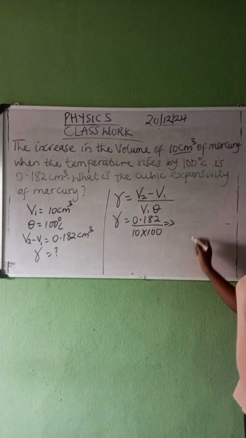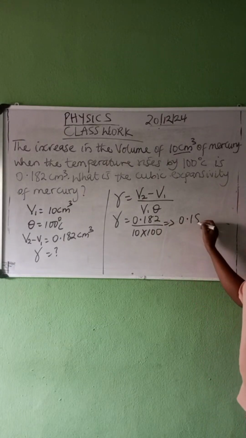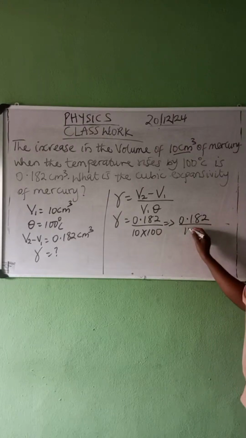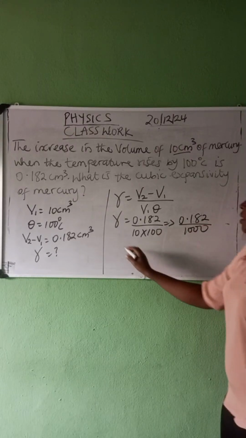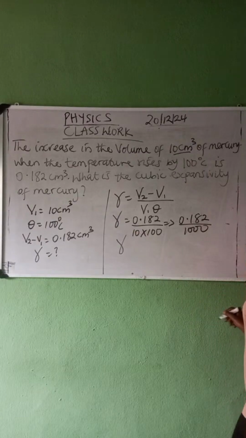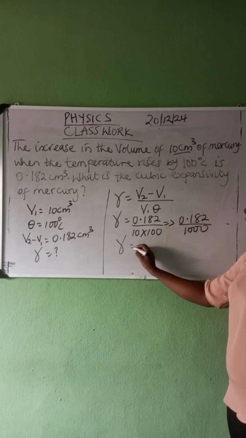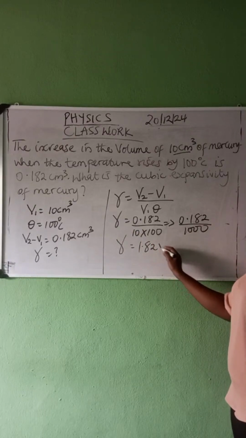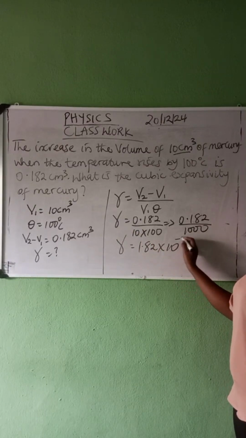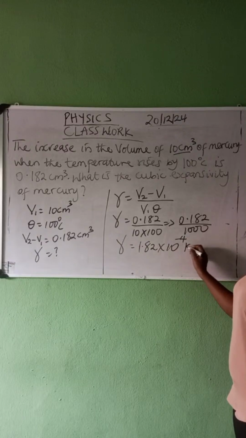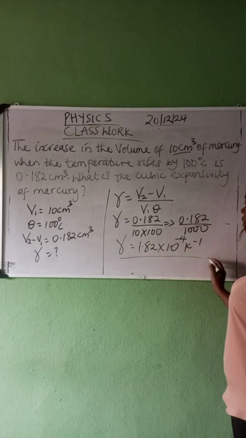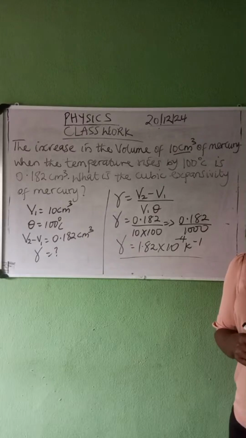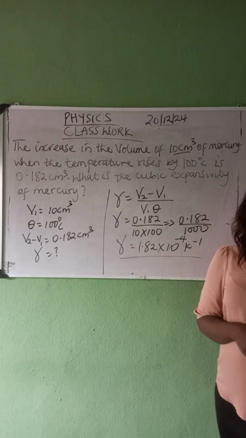So I'm going to have 0.182 over 1000. By the time I divide, I'm going to have my cubic expansivity to be 1.82 times 10 to the power of minus 4 per Kelvin. And this becomes our answer. Is that clear?